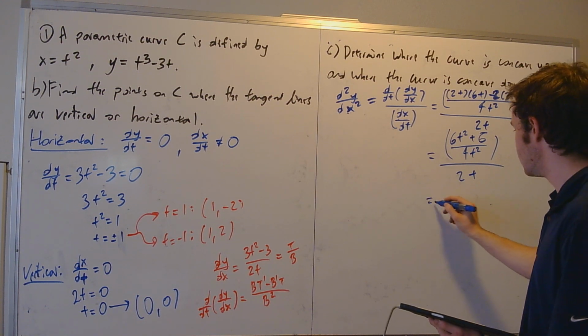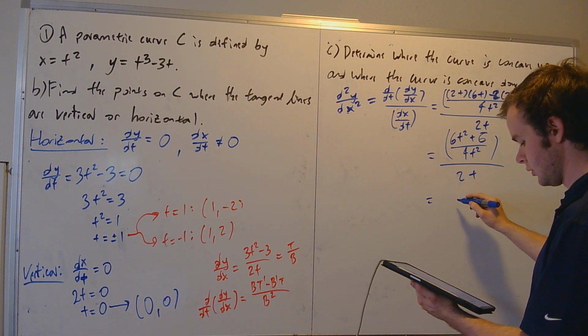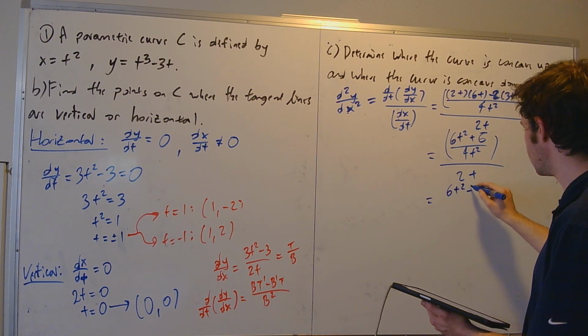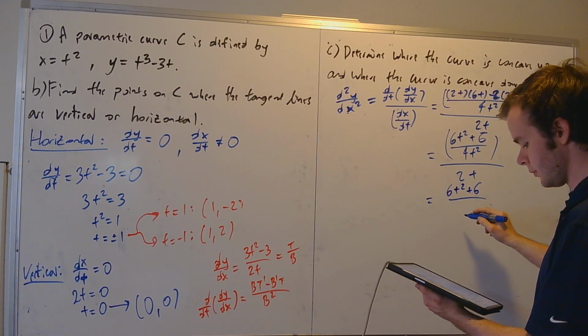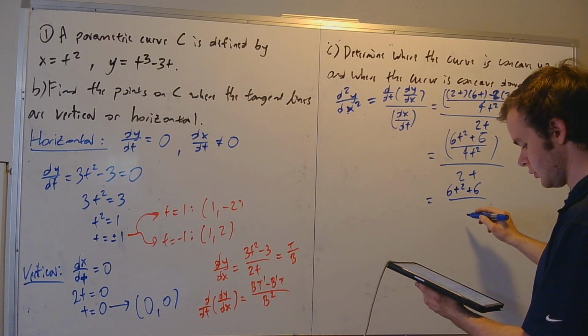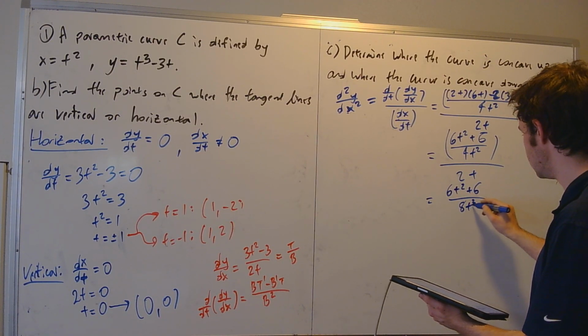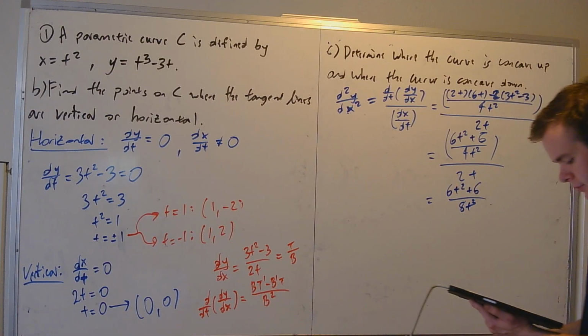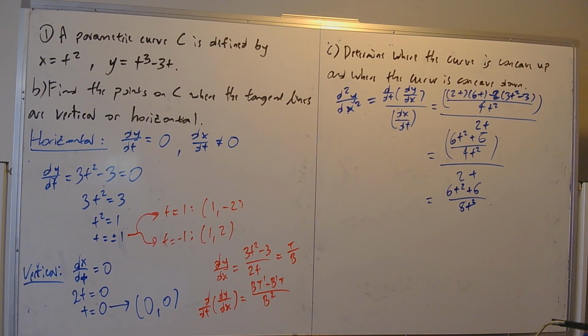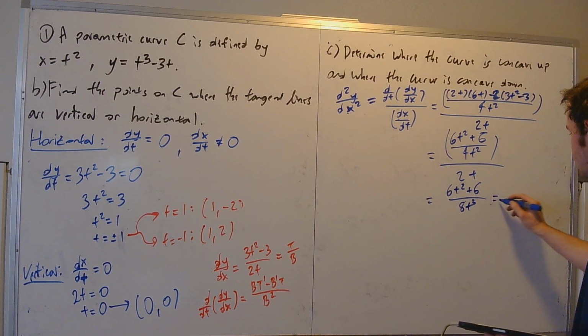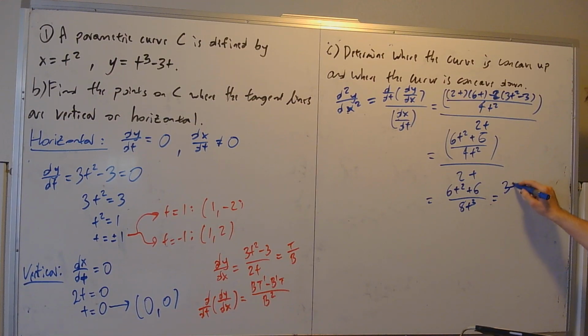So we're going to get 6t squared plus 6 over 8t cubed. And now we can cancel out a copy of 2 in the numerator and denominator. So this is going to be equal to 3t squared plus 3 over 4t cubed.